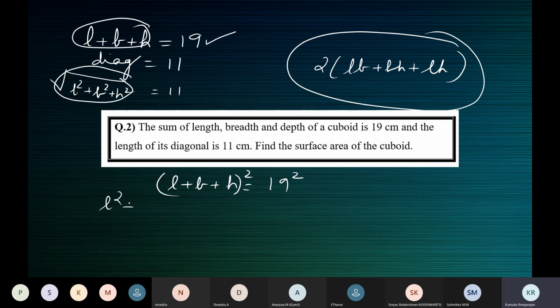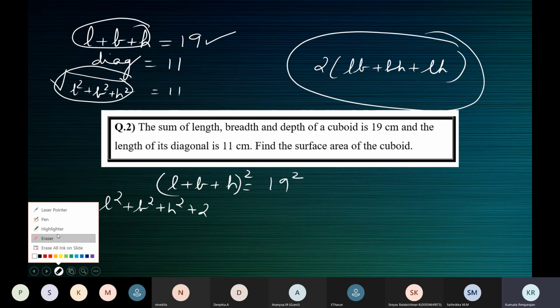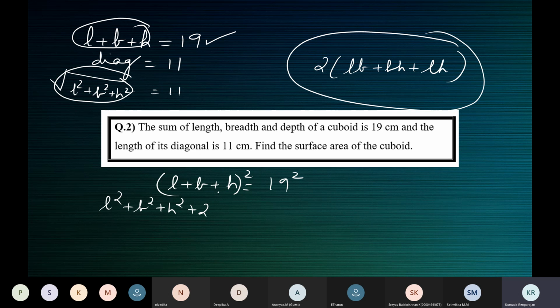A square plus B square plus C square plus 2 of AB plus BC plus AC.